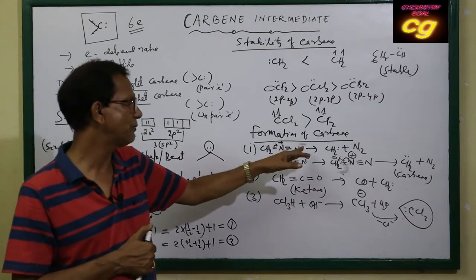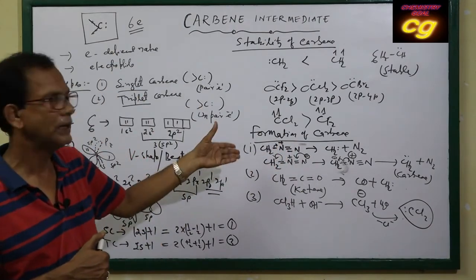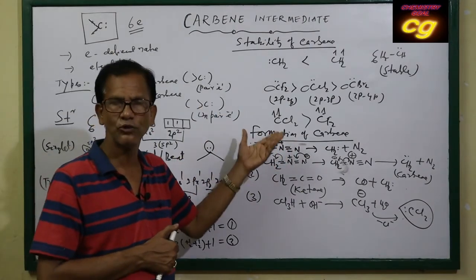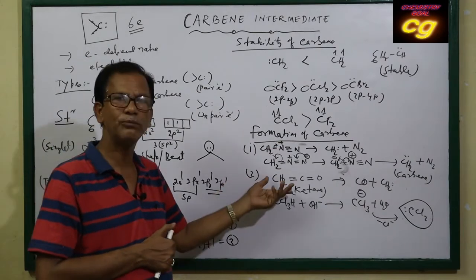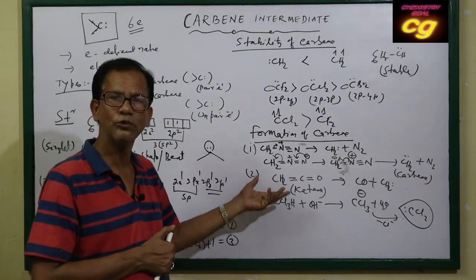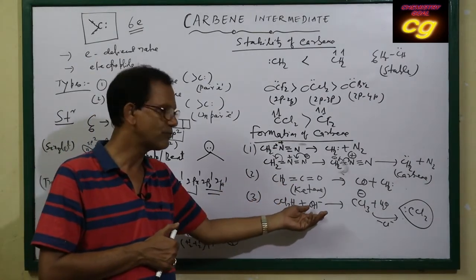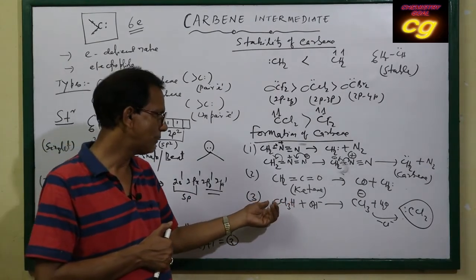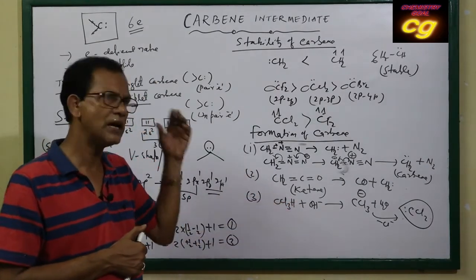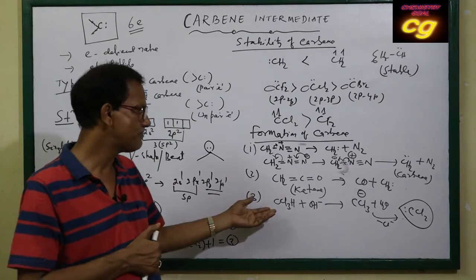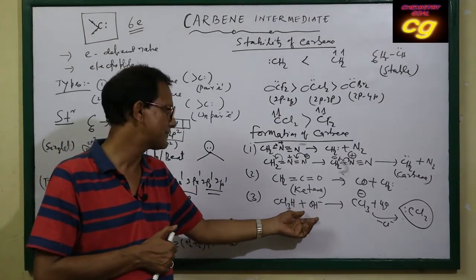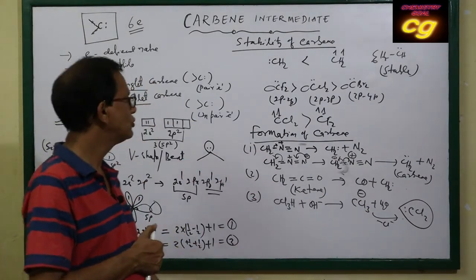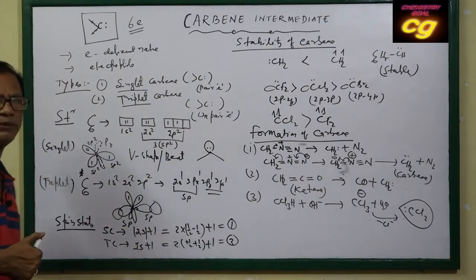Then formation of carbene: mainly it is derived from diazo compounds, ketene compounds, or trihalo compounds in the presence of strong base. Trihalo derivatives, a carbon having hydrogen and 3 halogens, when treated with strong base form carbene. So these are regarding the formation of carbene.